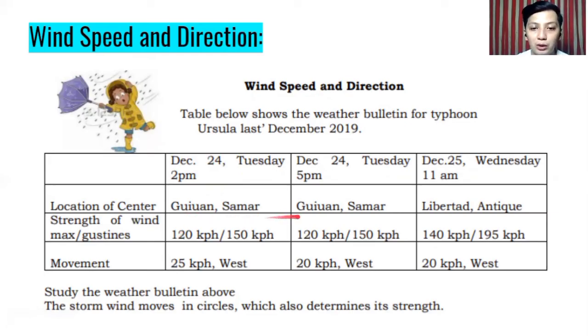So tingnan nyo mabuti kung saan lugar at yung strength ng wind kung gaano sila kabilis. Okay, paano ba sila mag-move? Then study the weather bulletin above. The storm wind moves in circles, which also determines its strength.